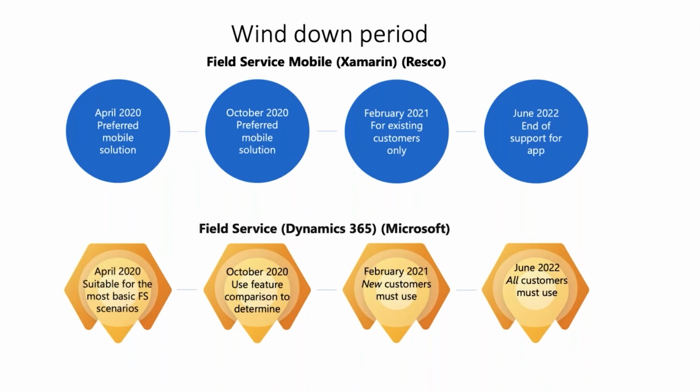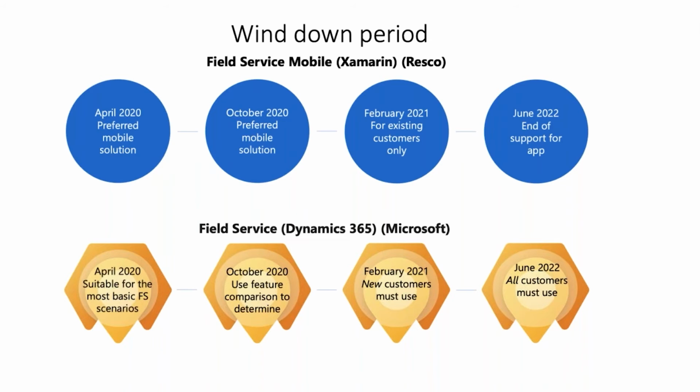At the same time, Microsoft released mid last year the Power App or the yellow application. In the very beginning of that journey, it was suitable for some of the basic Field Service scenarios, and gradually Microsoft is adding some functionality and features, trying to bring that yellow application on par with the blue application.